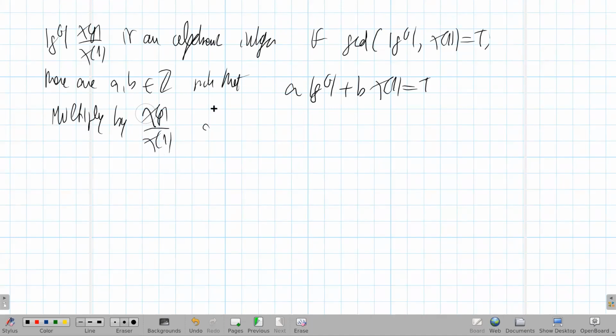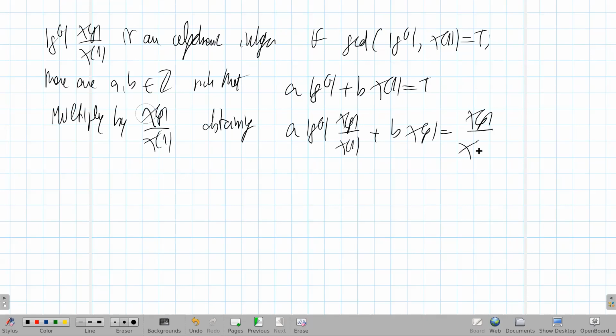And what I obtain here, well, first exactly the element I wanted. And here when you multiply this, well, chi1 simplifies, you get chi of g. And here you get chi of g divided by chi of 1. Now you know that this is an algebraic integer.